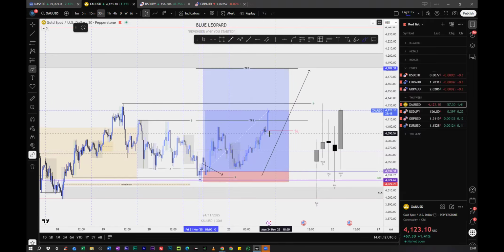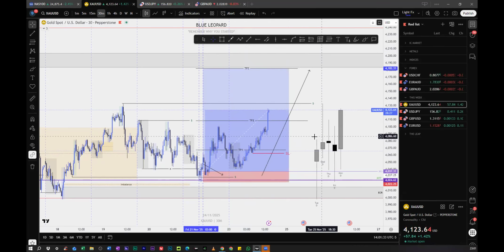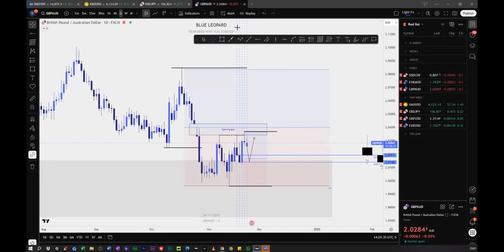So everything that you took here is yours. Even if price comes back down and touches here, this will just close the trade, but you keep your profit. That's how I protect my trade. So right now, stop loss is still here, just right below TP1. You see TP1 here? Yeah. So that's it.